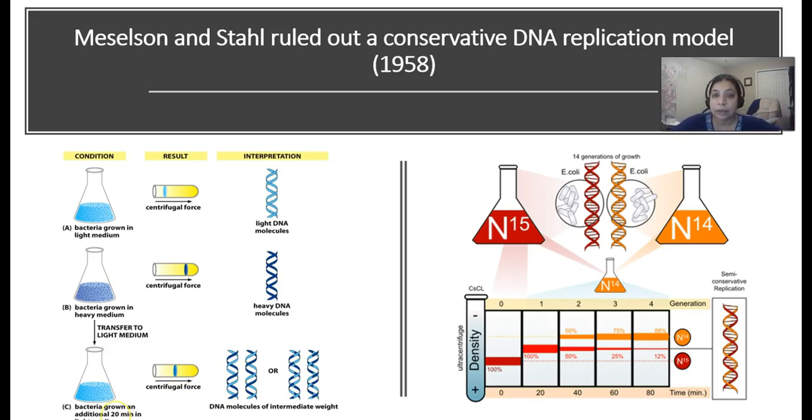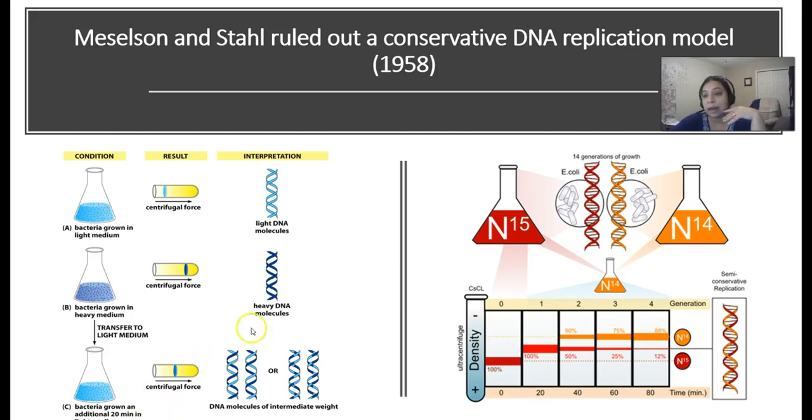So that meant that it was definitely not a conservative DNA replication. It had to be either dispersive or semi-conservative. And so that is one way that they were able to figure out which one of the models is most likely to be the case.